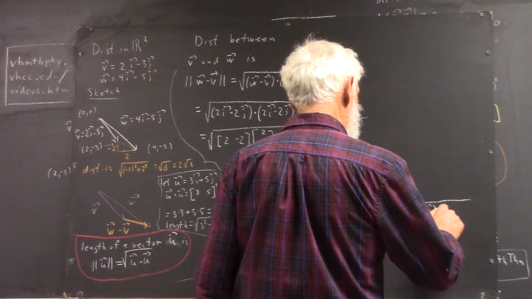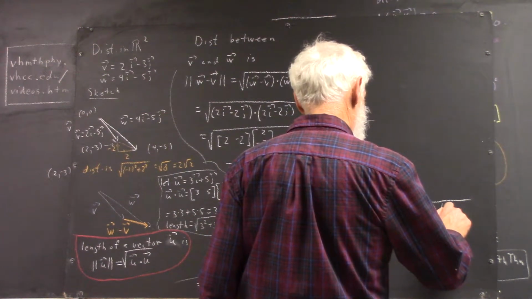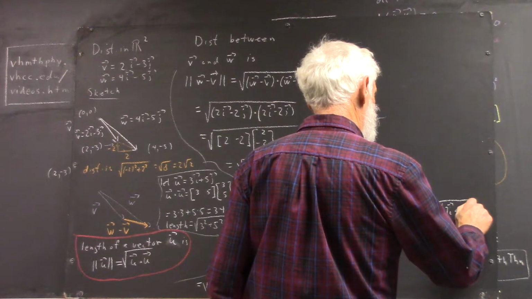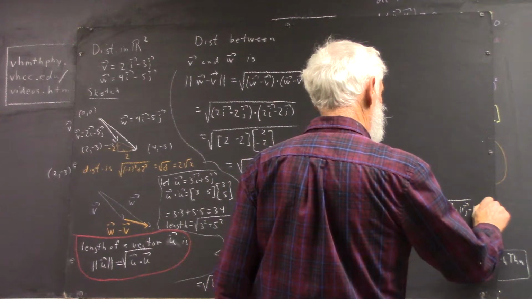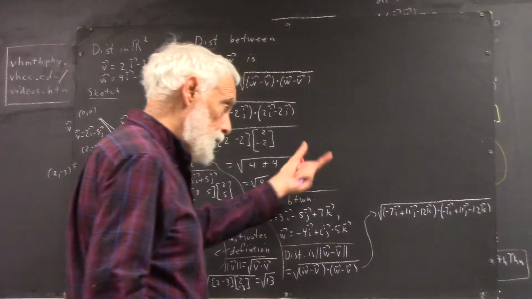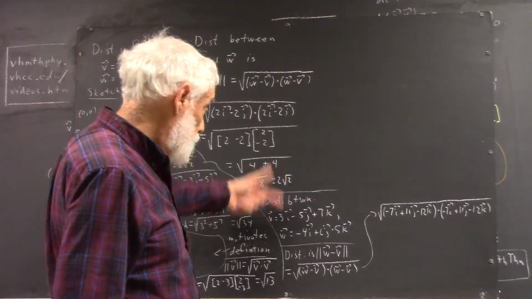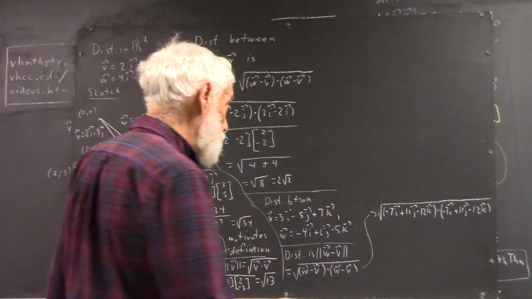Probably going to regret using bigger numbers, but they should be easy to deal with. And then it's dotted with itself. Now, I hope you worked that out before I wrote it down. But that's what it is. You just do w minus v, and there you have it.